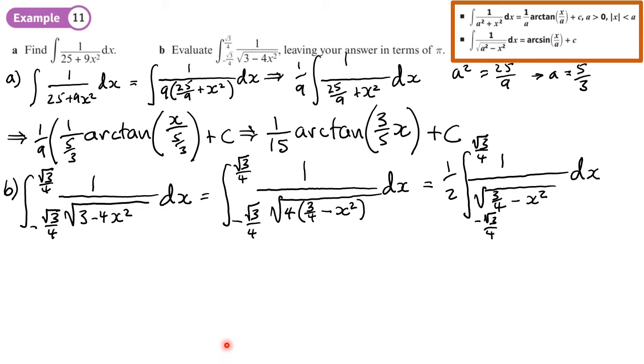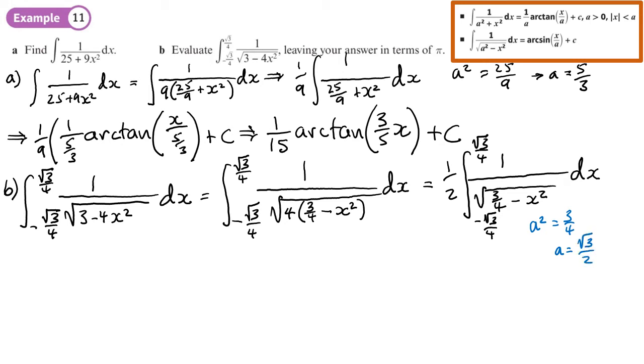Right, now I can use my standard result up here. So a squared is going to be 3/4. So let's just do that in a different colour. So a squared equals 3/4. So a is going to be the square root of 3/4, which is √3/2.